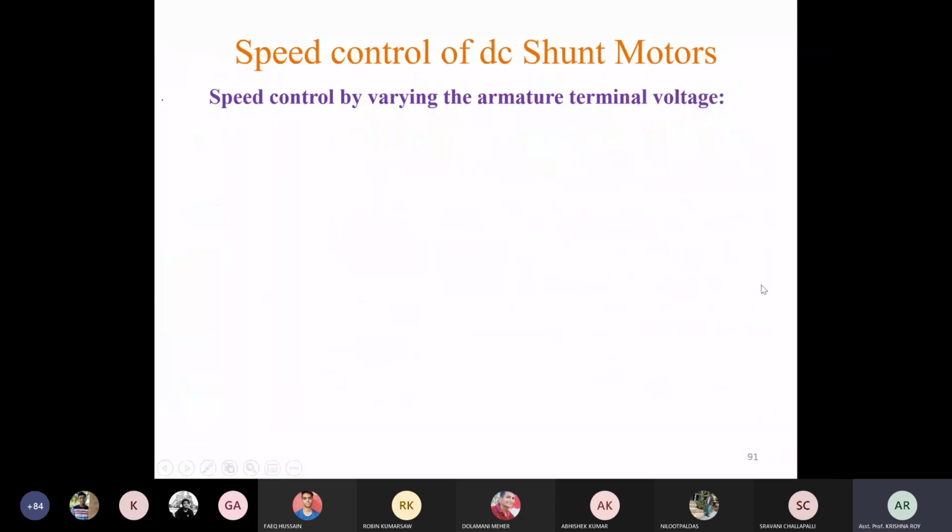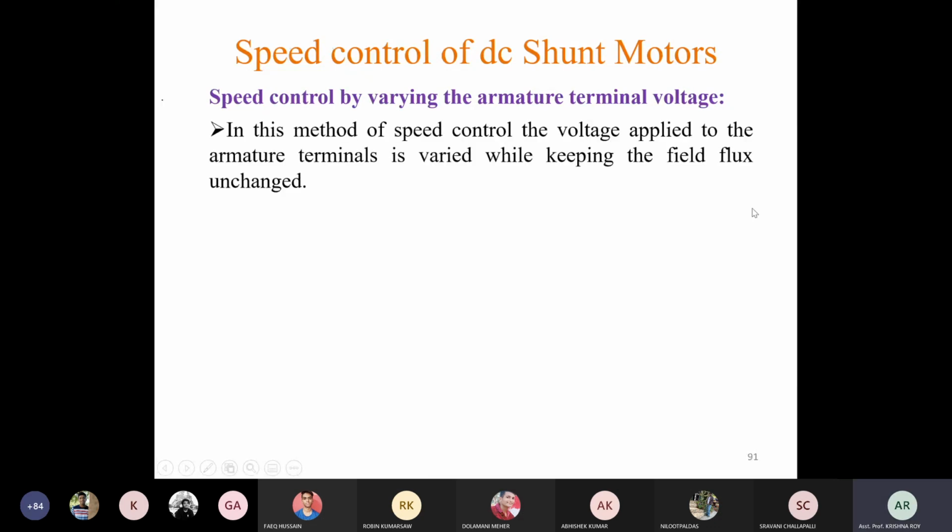So let us consider the first method, that is speed control by varying the armature terminal voltage. In this method, what we will do, we will change the terminal voltage or applied voltage keeping field flux constant.